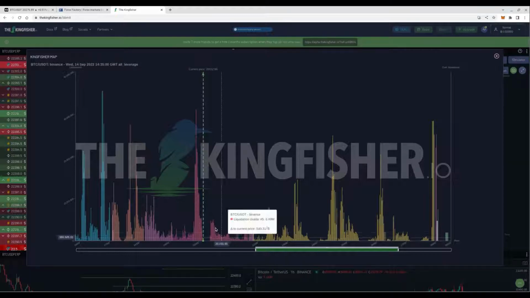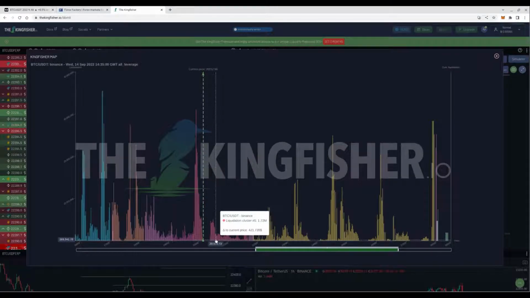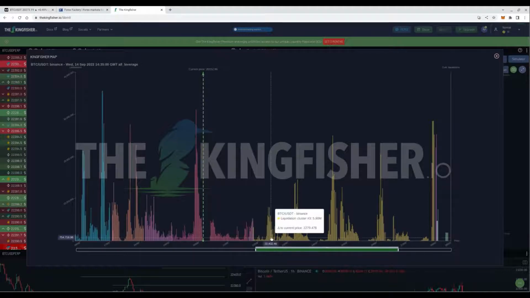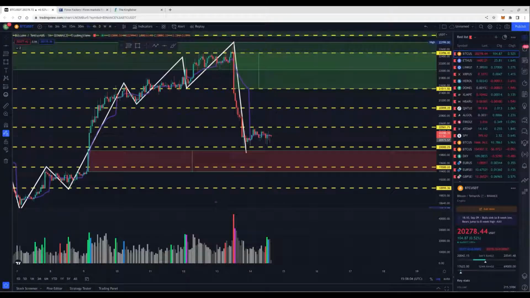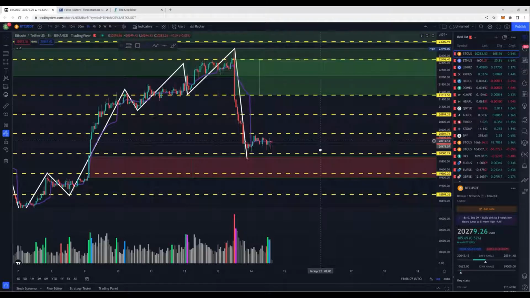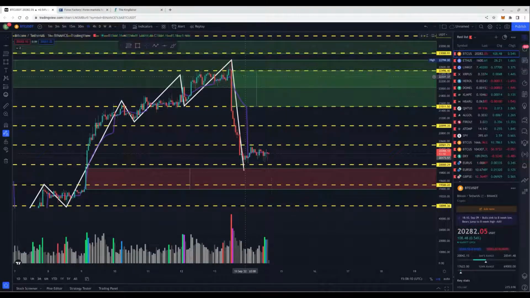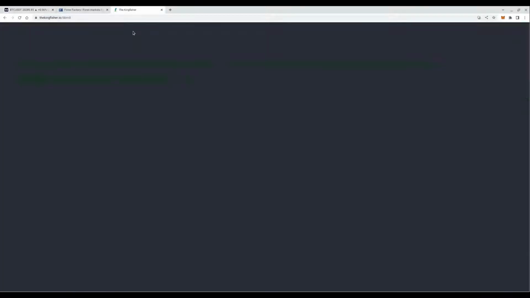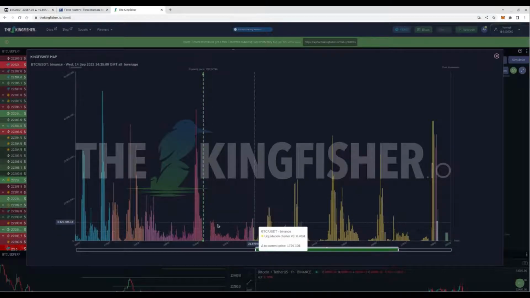We see that we also have some liquidity to the upside, from the current price to, I would say, 20.6, all the way up to 22,400. We have to keep this in mind as well. So we know where the liquidity is. And we also see that the volume candle is at 22.4, from 21.5 to 22.4, which coincides with the liquidation points in this area.